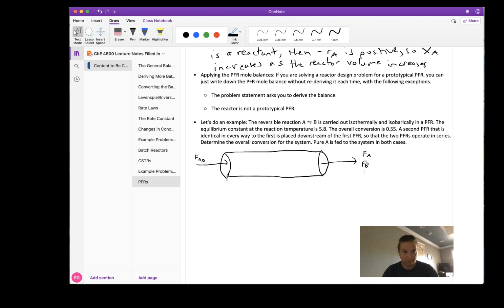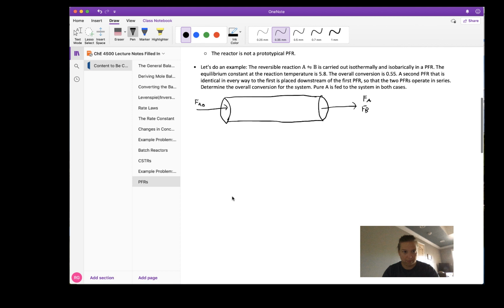So here what we need to do is solve the case where we have a single PFR carrying out this reversible reaction, and then use the information to assess the situation where we have two PFRs in series. So let's work on the first PFR first.